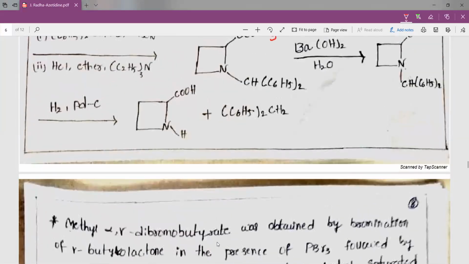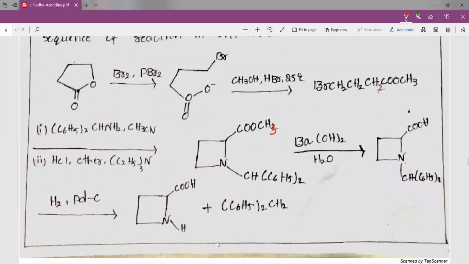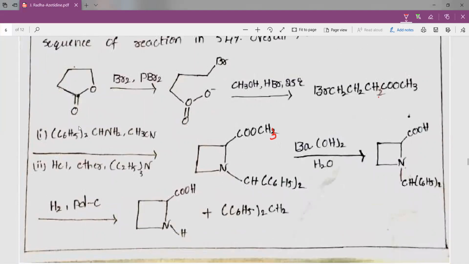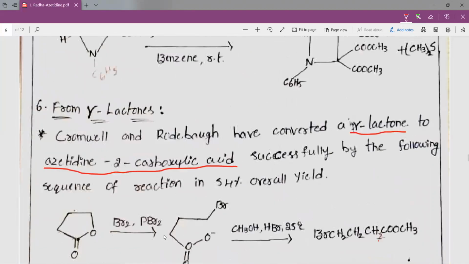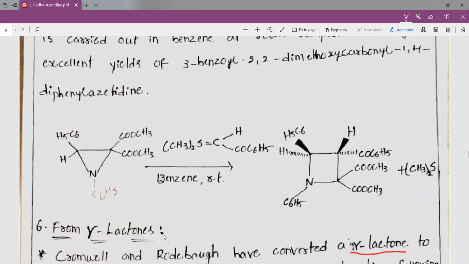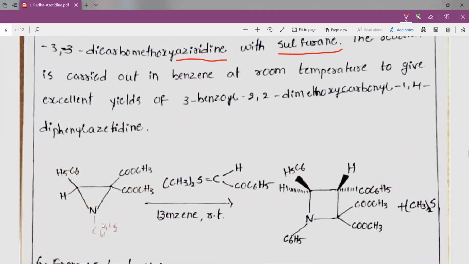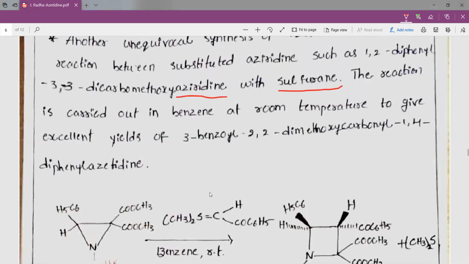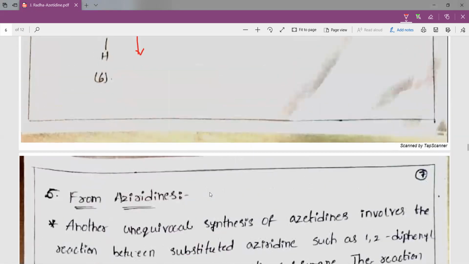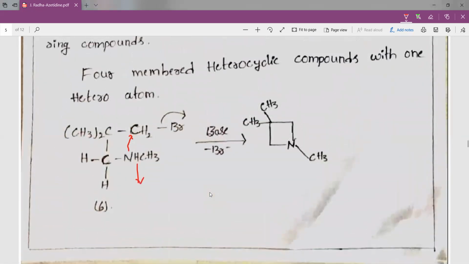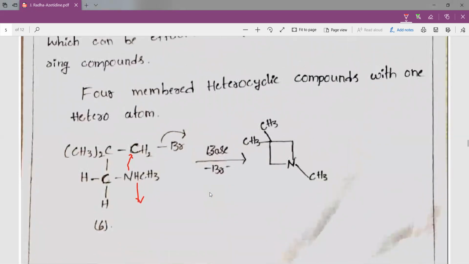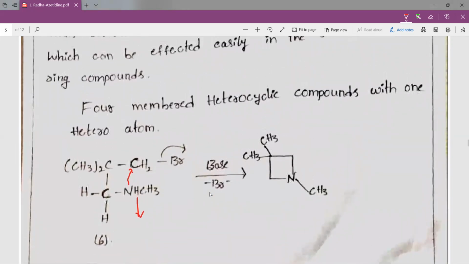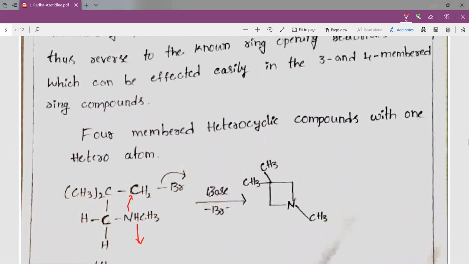This is where lactone is converted into azetidine. Conversion of lactone to azetidine. And this is conversion of aziridine to azetidine by treatment with sulfurane. And the conversion of gamma haloamines to azetidines.